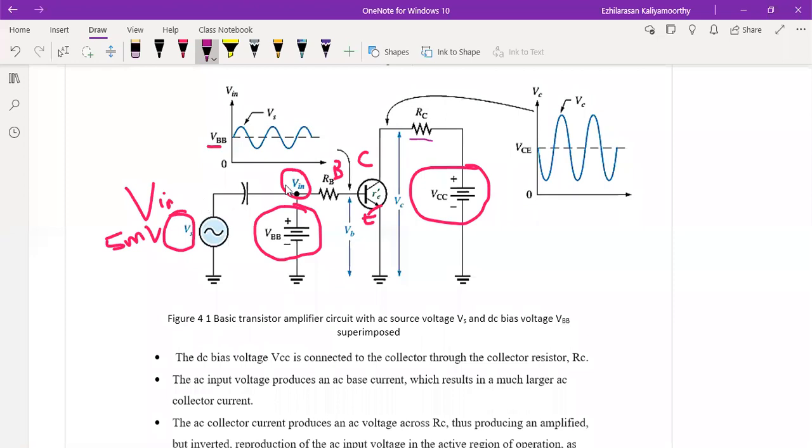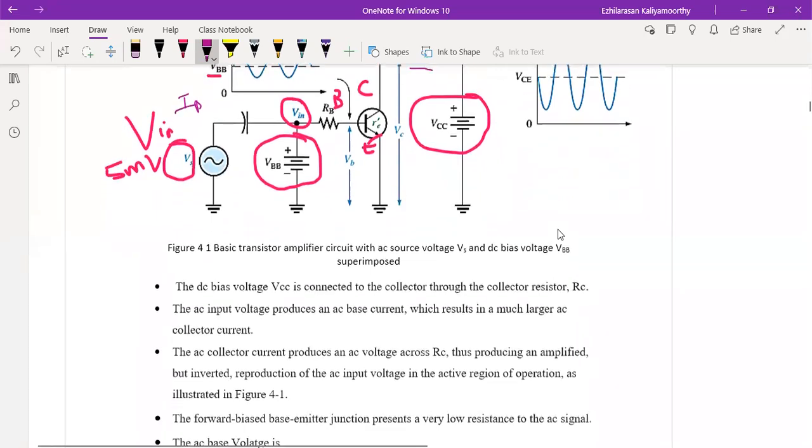This results in a much larger AC collector current: a very small IB produces a large collector current. The AC collector current produces an AC voltage across RC, so the output is amplified but inverted.